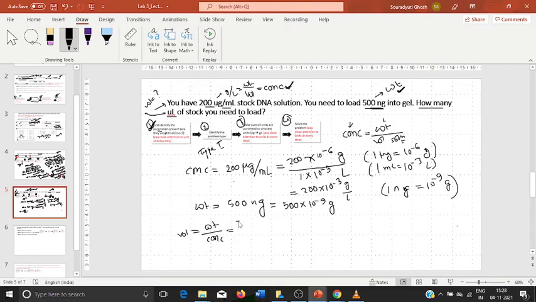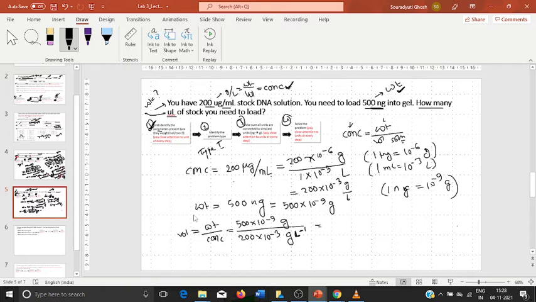Weight is 500 into 10 to the power minus 9 gram, divided by the concentration, 200 into 10 to the power minus 3 gram per liter, or in other words, gram liter inverse. Gram per liter is the same thing as gram liter inverse.